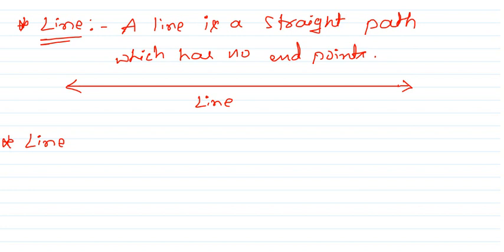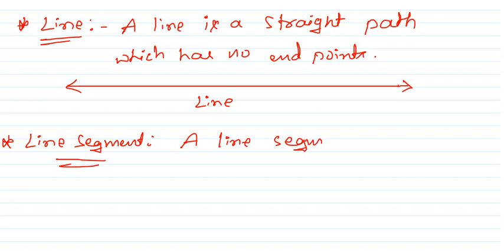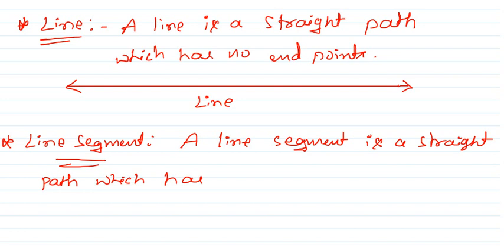Next, the third concept is line segment. A line segment is a straight path which has two end points.